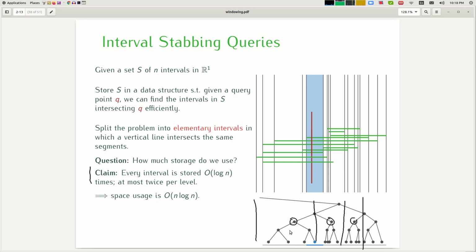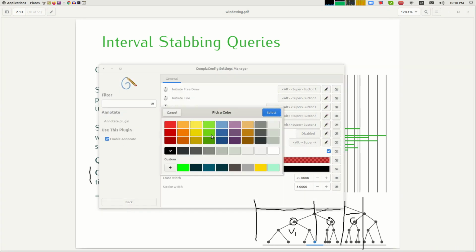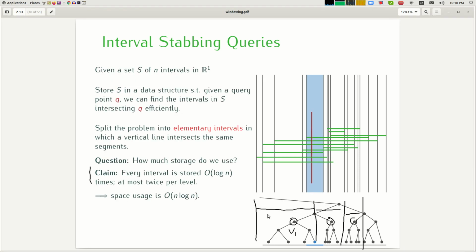This node V1 has this x range, V2 has this x range, and V3 has this x range. By the property of the segment tree, for a segment to be stored in V1, V2, and V3, it must span all of their ranges. So it has to be something like this.